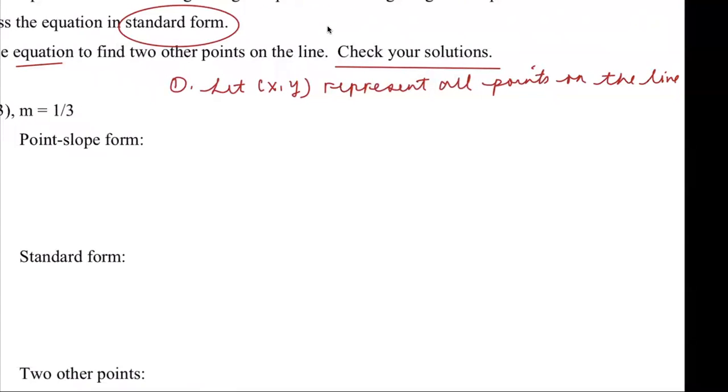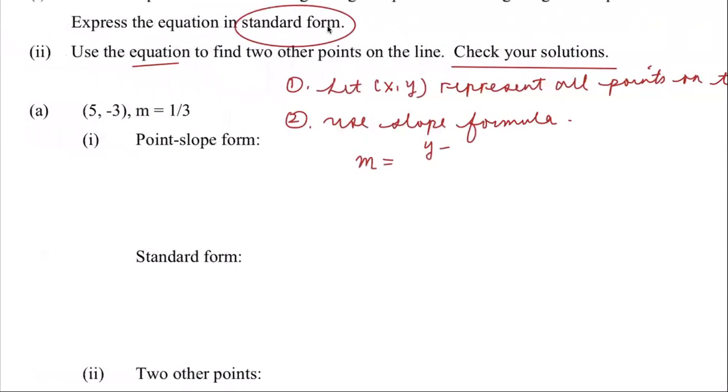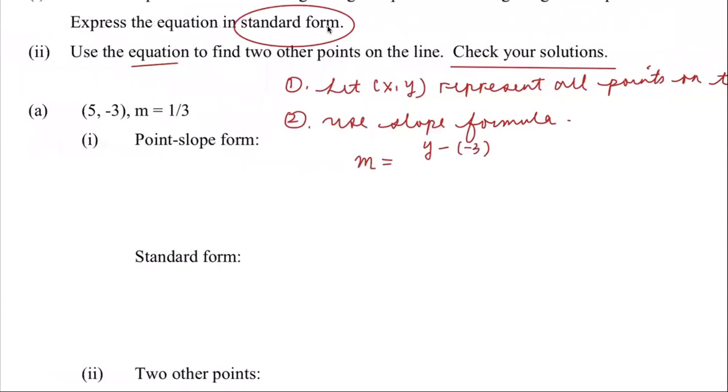What's the second step? We use the slope formula. m is equal to y minus (-3) over x minus 5, and the slope is given here, so this is equal to 1 over 3.